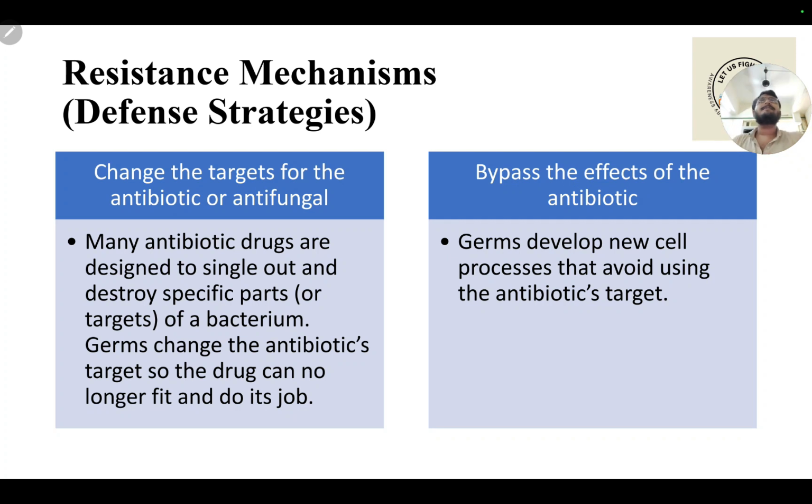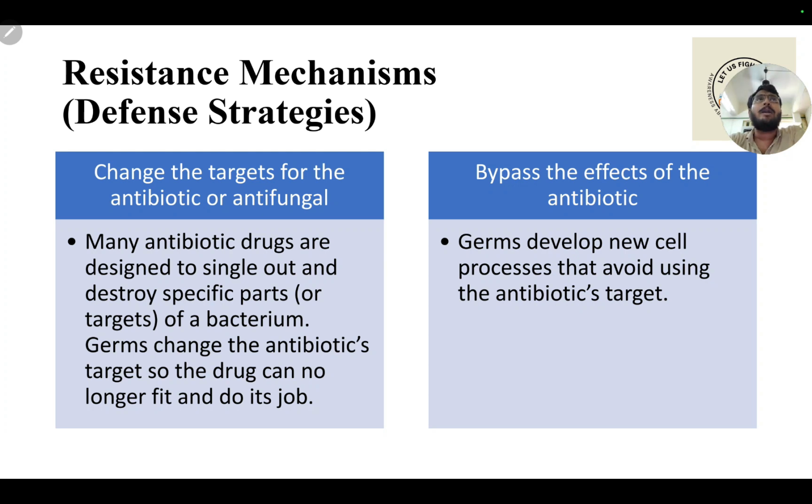One very possible mechanism by which microorganisms exhibit resistance is that they can change the target of the antimicrobial agent completely. So for example, if an antibiotic was targeting one of the components of the cell wall of the bacteria, whatever that component was on which the antibiotic was acting, the bacteria will change that component totally so that now it does not have that target anymore.